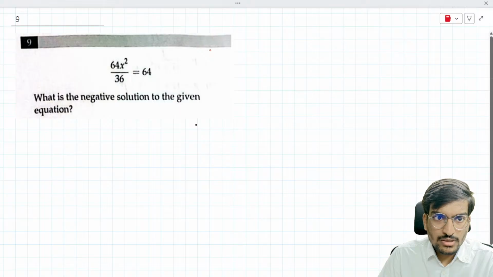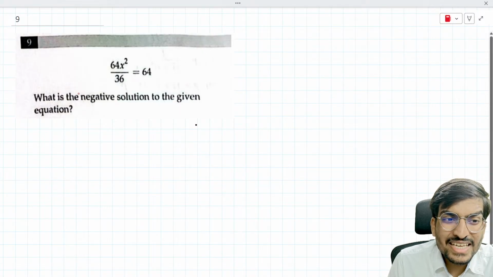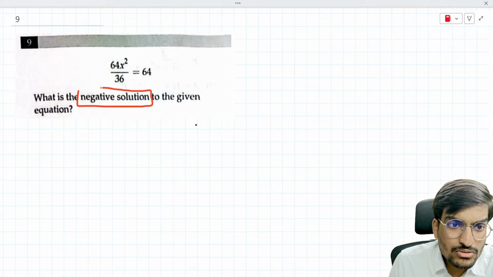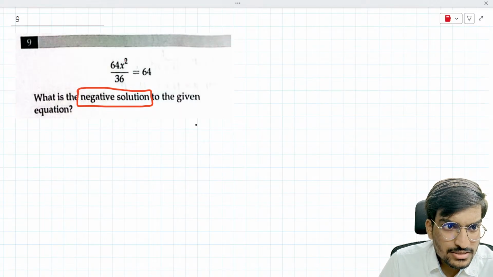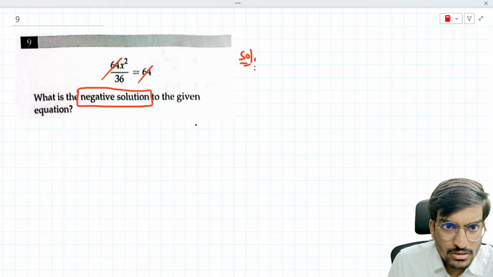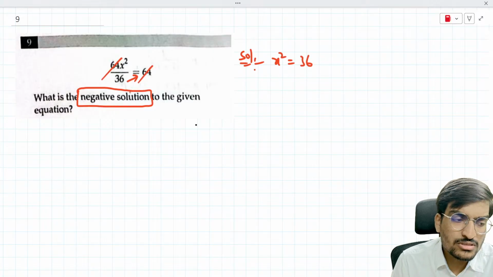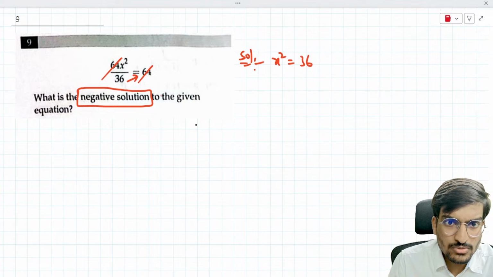So here they have given a problem. What is the negative solution to the given equation? How do we get the negative solution? Just cross out the 64 and 64. So you end up with x square equals 36. I transpose this 36, which is in the denominator, so it becomes the numerator.